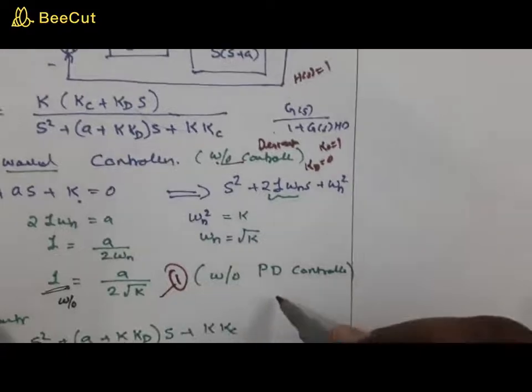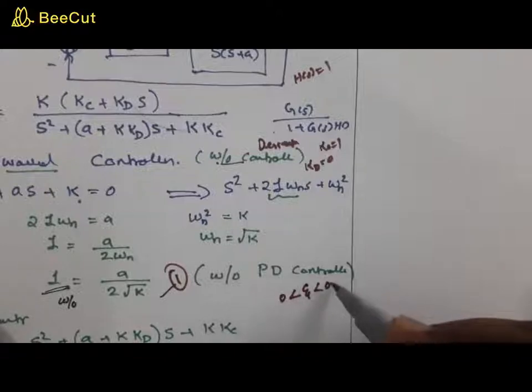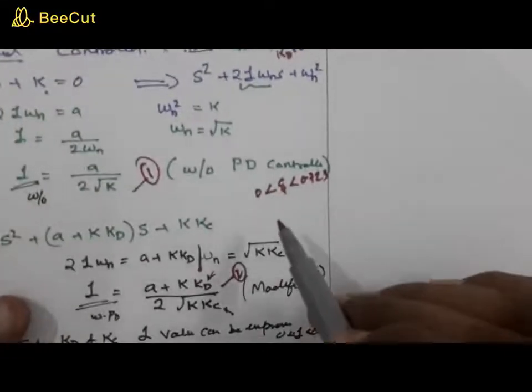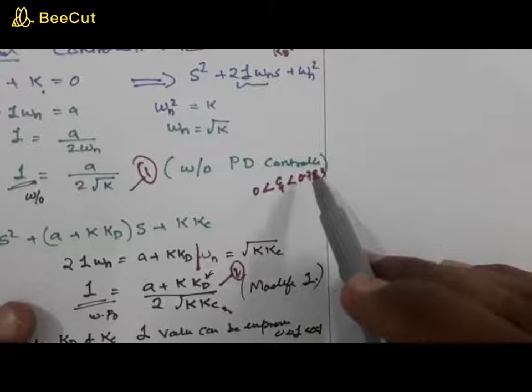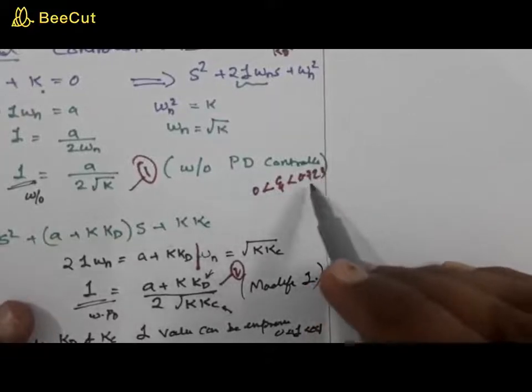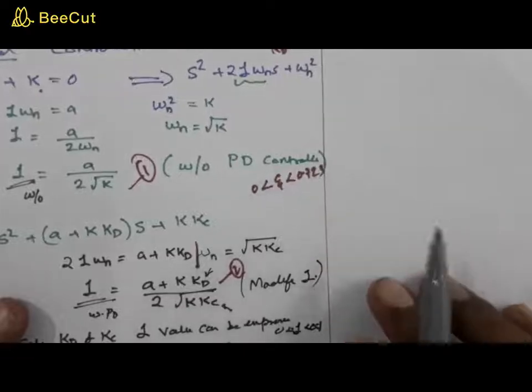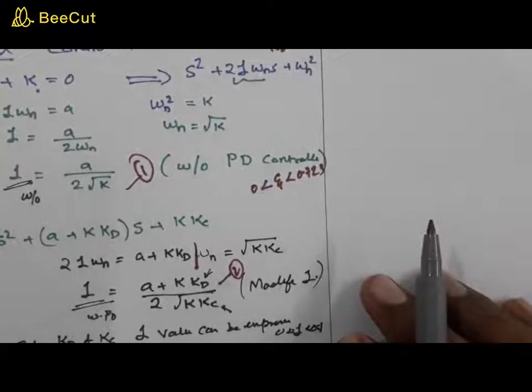As we have seen in our frequency domain specification, as long as zeta lies below some 0.723 or something like that, there will always be a maximum overshoot, and the maximum overshoot will not be there if zeta is greater than this value. Okay, so as zeta approaches 1, the maximum overshoot or the transient response becomes better and better.